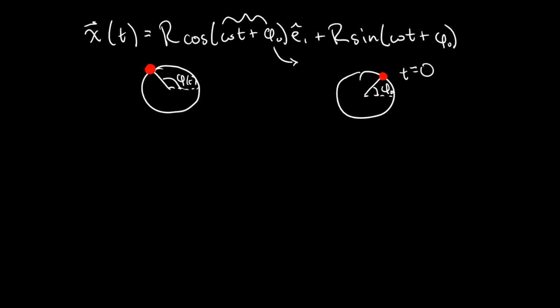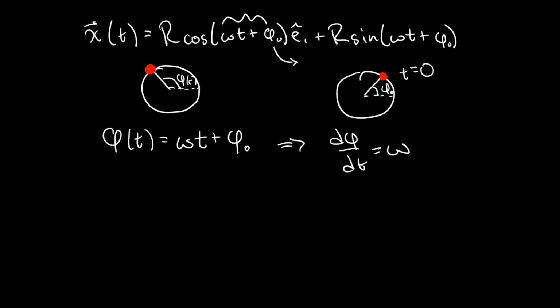Okay, so I can write down that phi of t is equal to omega t plus phi naught. And let's assume that omega is a constant, as we'll see it is in a second. Then the time derivative of phi is just equal to omega.